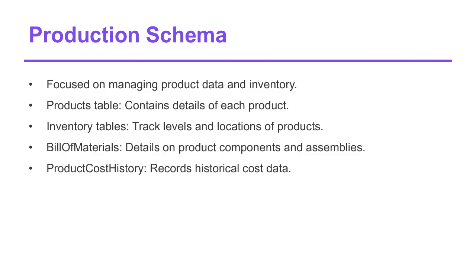Finally, the Product Cost History table records historical cost data, allowing us to analyze changes in product costs over time. Together, these tables help maintain accurate and comprehensive data for production and inventory management, which testers can validate to ensure data integrity and proper system functioning.